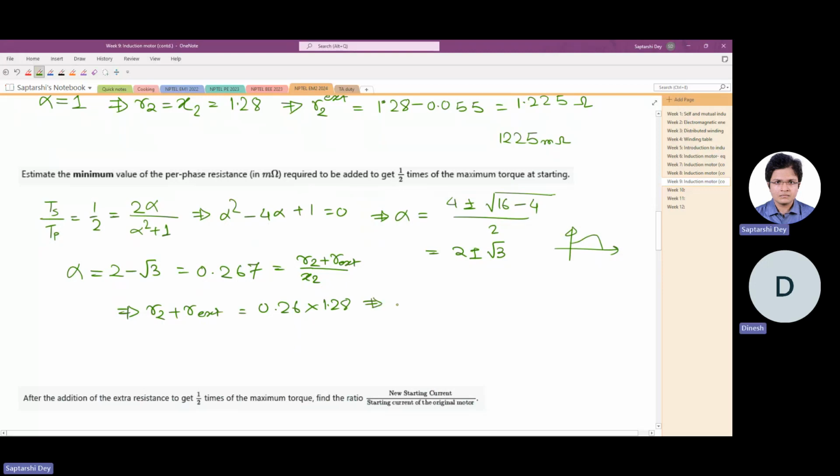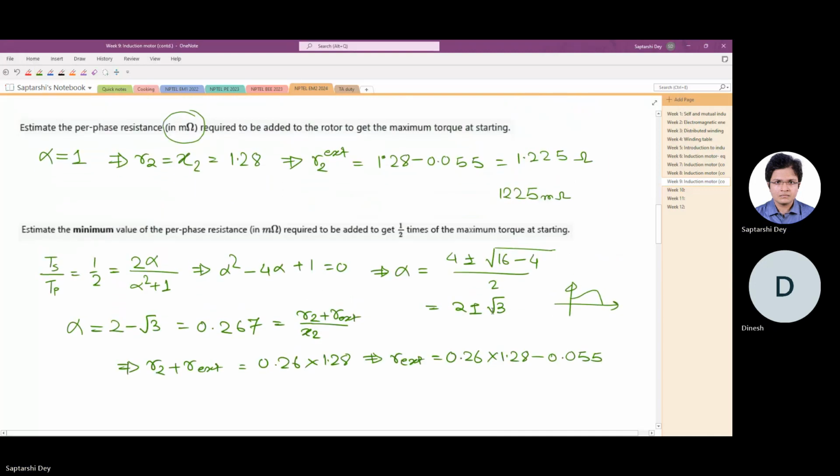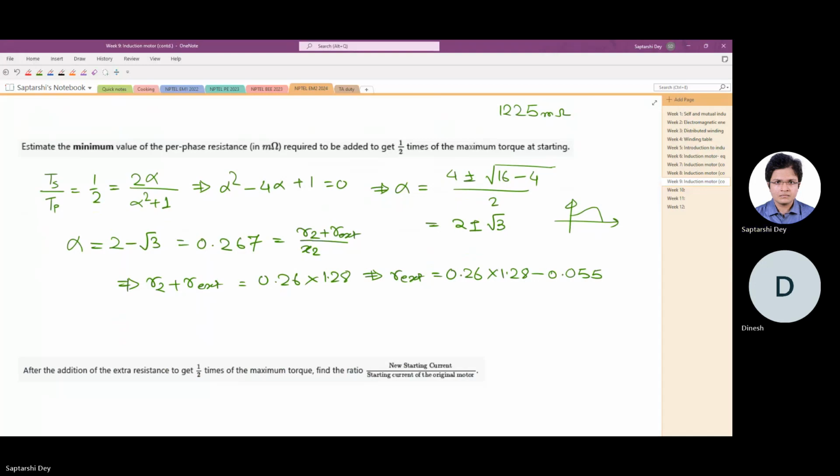This is what we need. So R external becomes what we need minus what we already have. That gives some 0.287 ohm. Again milli ohm, so multiply with 1000.